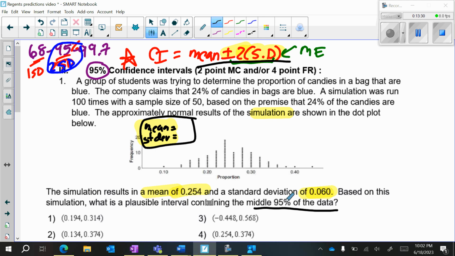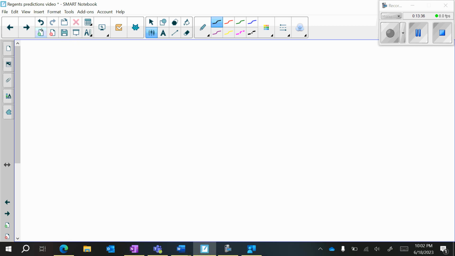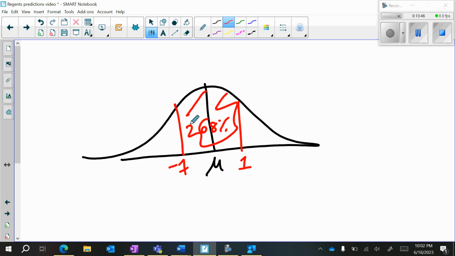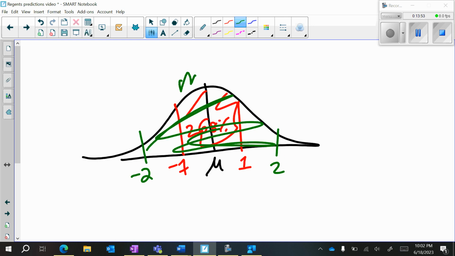And because it says the middle 95% of the data, I just want to remind you that a bell curve is centered around the mean. If you went only 1 standard deviation above and below the mean, that would be the middle 68% of the data. If you went 2 standard deviations above and below the mean, that would be the middle 95% of the data.